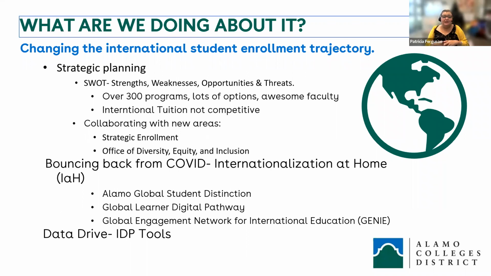So we started doing internationalization at home, and we brought in some programs. One is Alamo Global Student Distinction, the Global Learner Digital Pathway, and the Global Engagement Network for International Education. We also have been using our data tools, and we've been using IDP, especially at that time, to still be connected with our students and recruitment. Next slide.